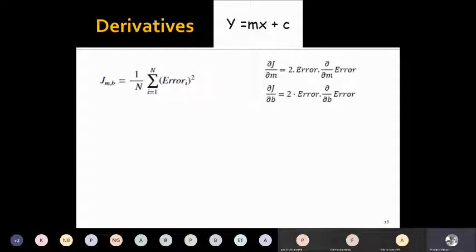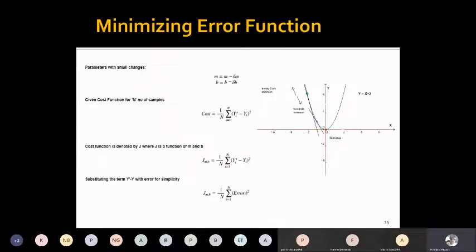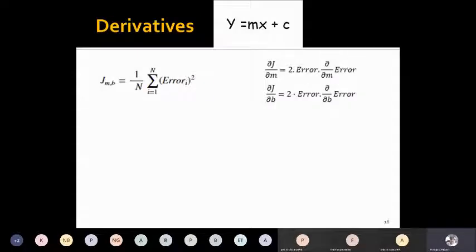Here this is the straight line equation y equal to mx plus c, where the intercept is marked as b. Next, the error function is a function of both the slope and the intercept. In the previous slide, as you can see, I can replace the y with the straight line equation, which is mx plus b.